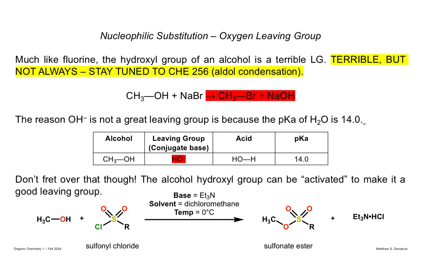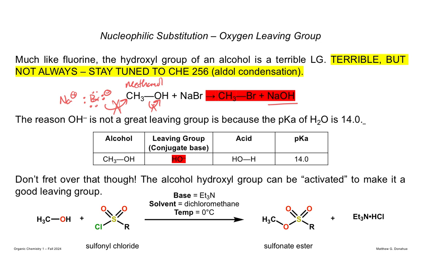The other thing you can't use as a leaving group is OH minus. So if you took methanol and you added sodium bromide, that bromide would not displace OH minus, generating sodium hydroxide.